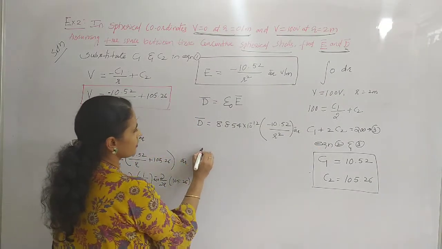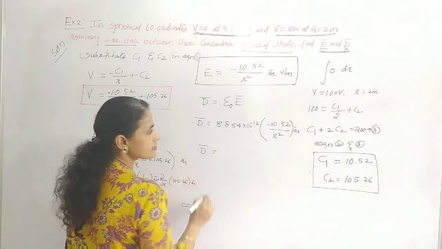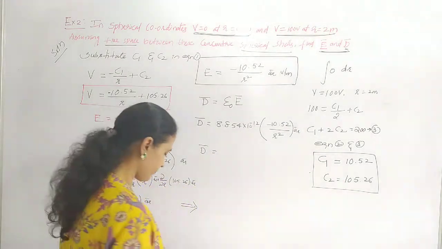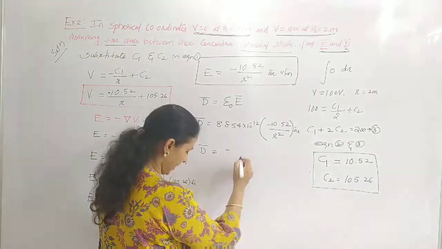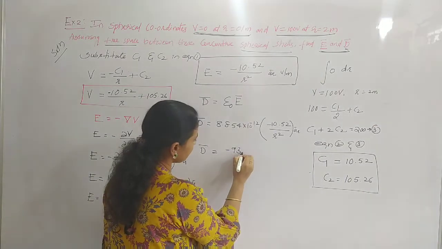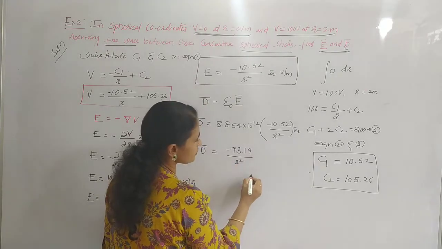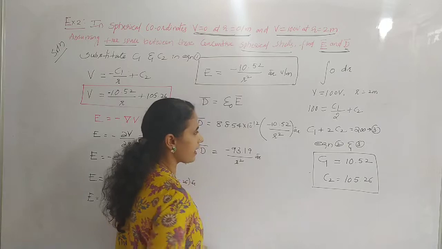Okay. So D bar is given by just multiplying this term with this one. You will be getting minus 93.19 by R square into AR.